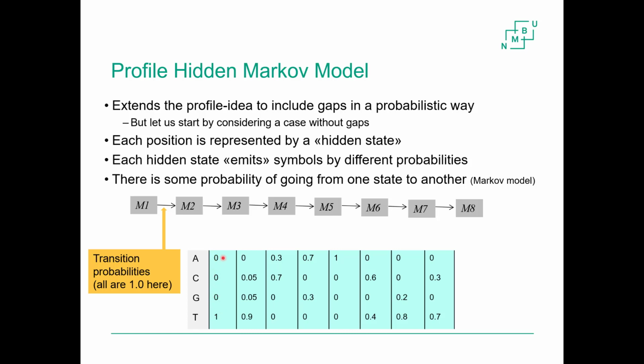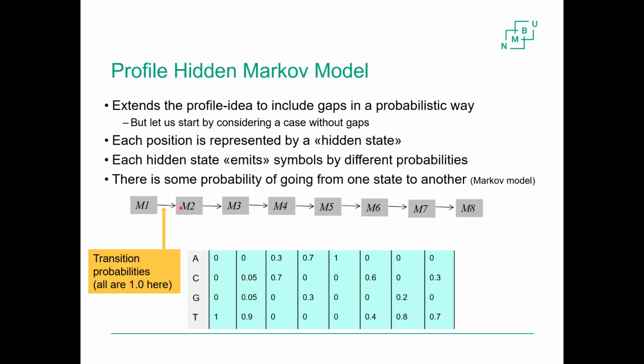These are what we call the emission probabilities for the first position, right? And you recognize this is exactly the profile we saw in the previous slide. Exactly the same thing. And from the second position, what are the symbols that are typically produced or emitted here in position number 2? Well, it's a T, right? Because this has the largest probability, but it could also be a C and G, not an A.